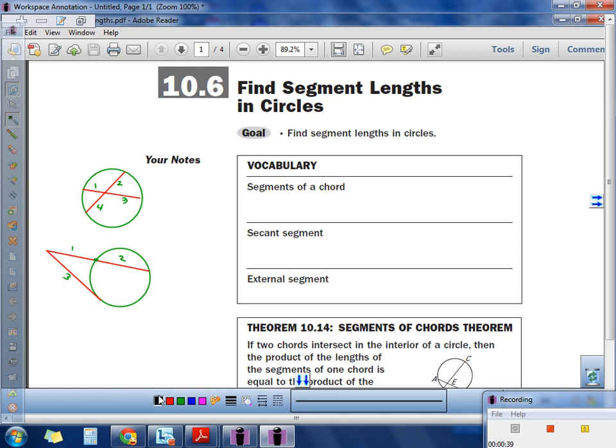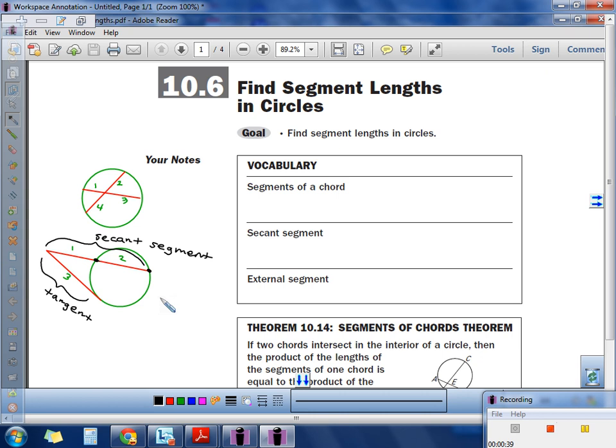So some of these have some special names. This one total piece right here that puts together 1 and 2 is called a secant segment. This one right here is called a tangent segment because it's tangent to the circle. This is a secant segment because it touches the circle at 2 points and keeps going.